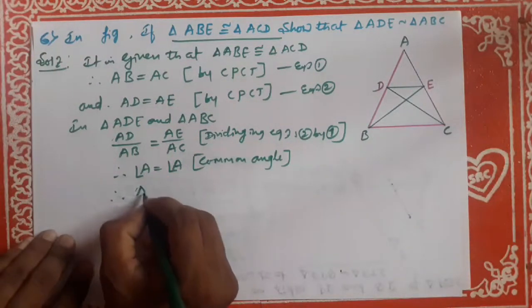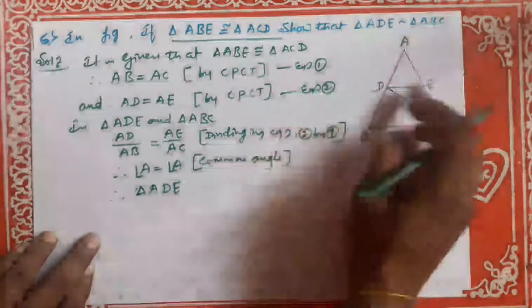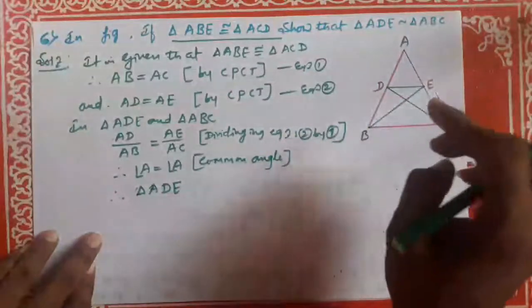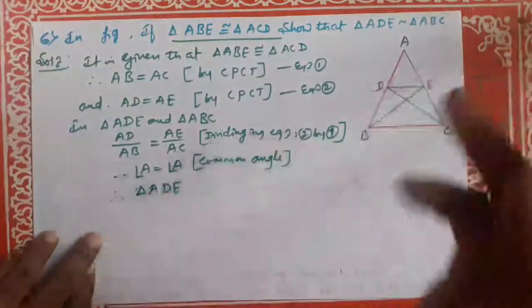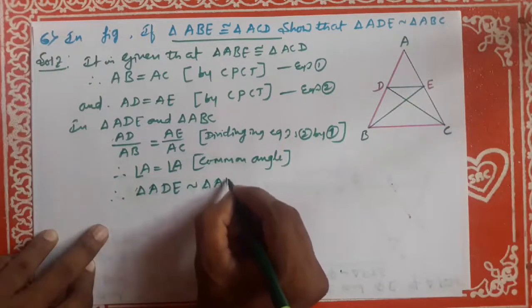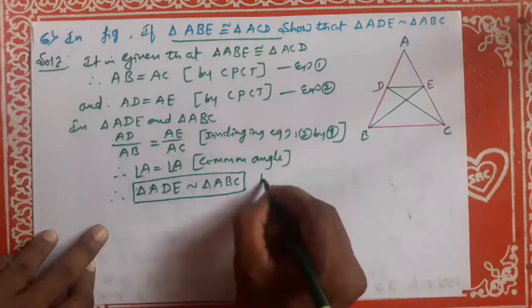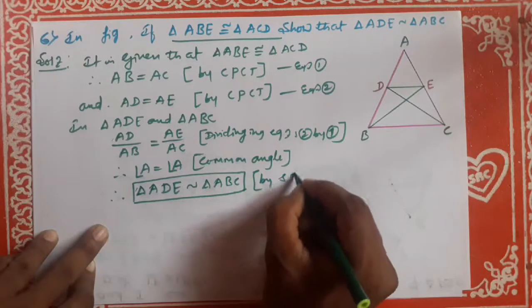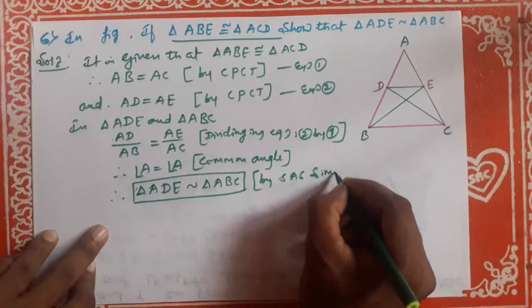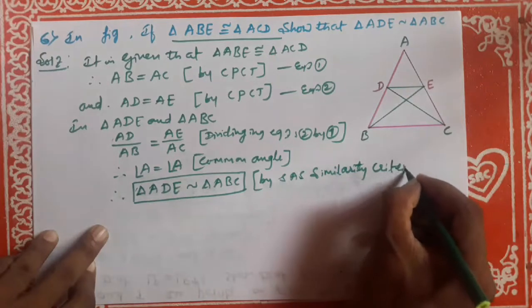Therefore triangle ADE is similar to triangle ABC by SAS, side angle side similarity criterion.